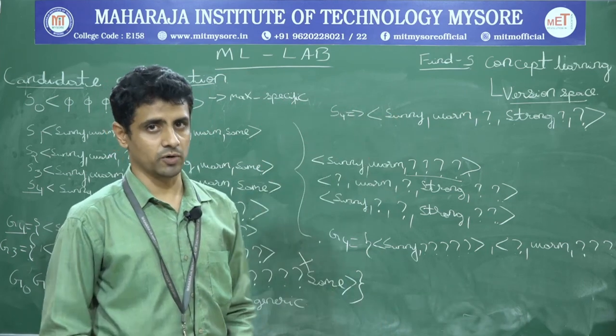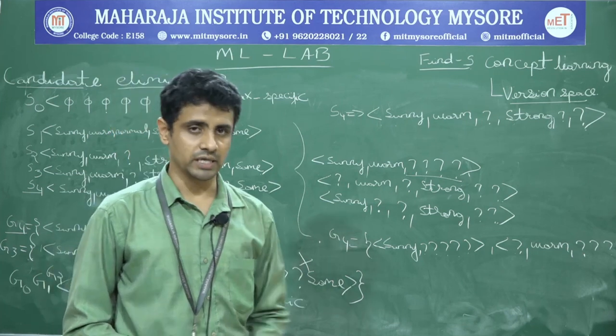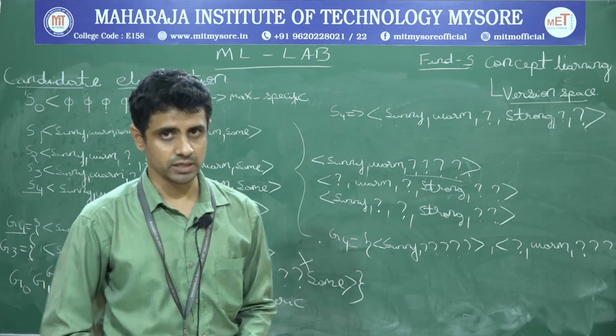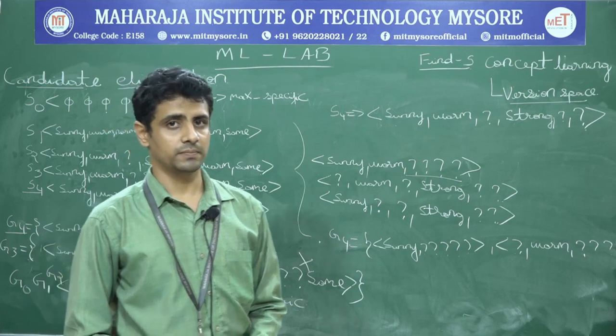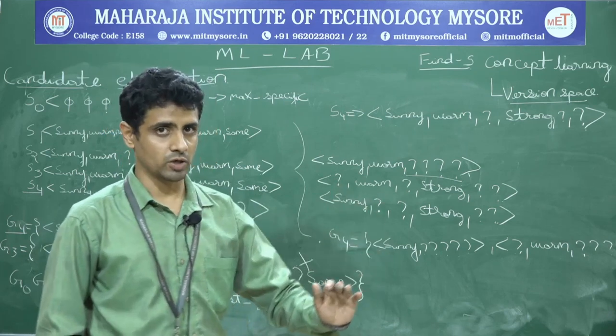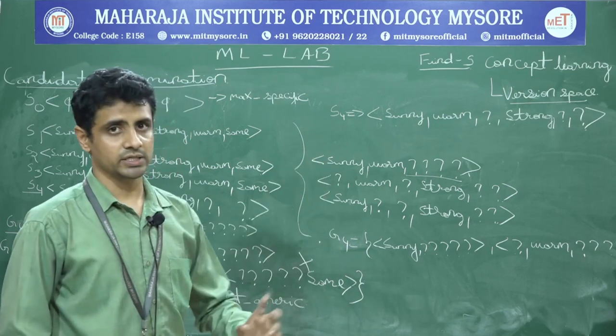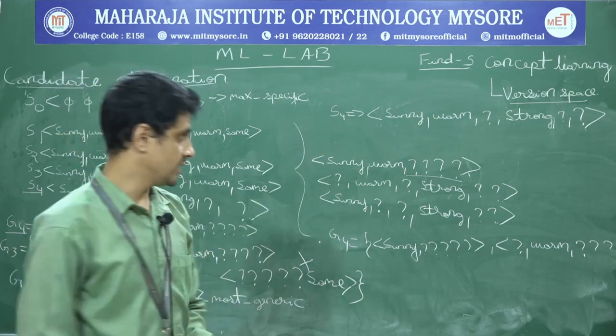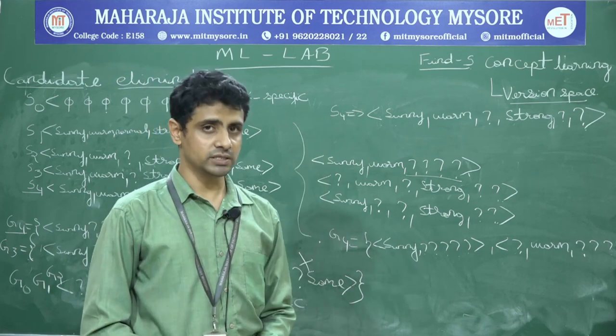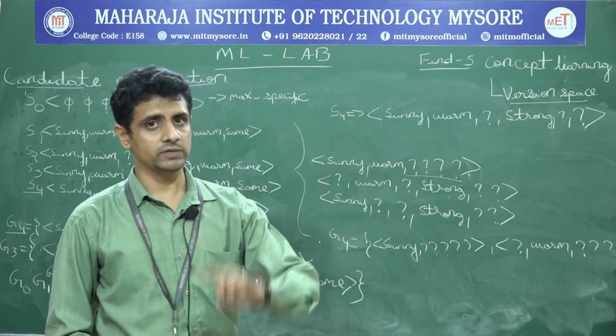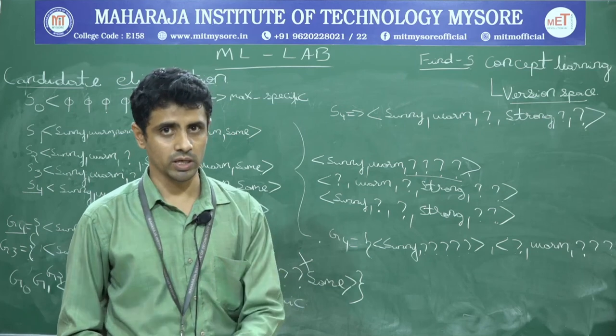In the candidate elimination algorithm, which is your second lab cycle program, we are going to develop the boundaries, not the version space. We will have the specific boundary as well as the generalized boundary. Candidate elimination is one such concept learning algorithm wherein we use both positive and negative examples to train our model.